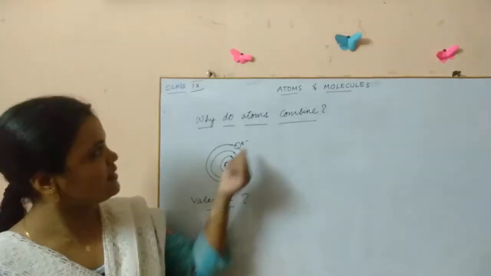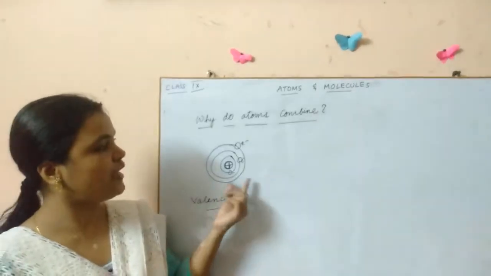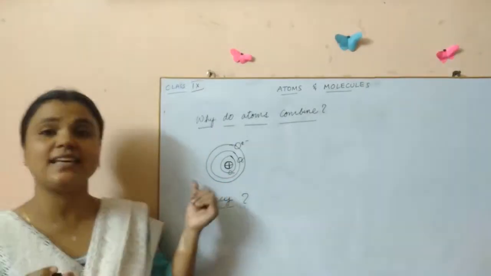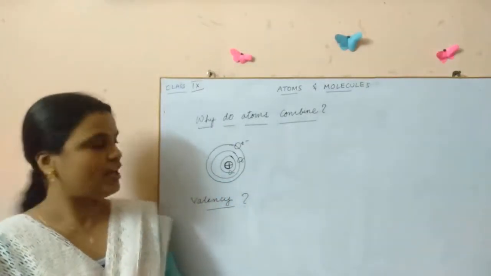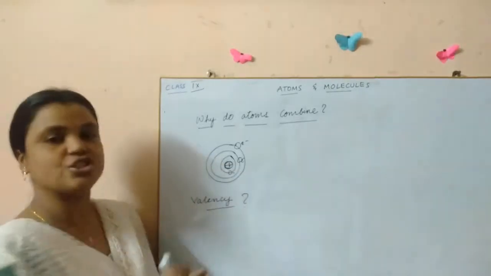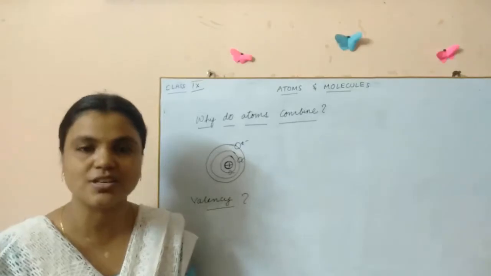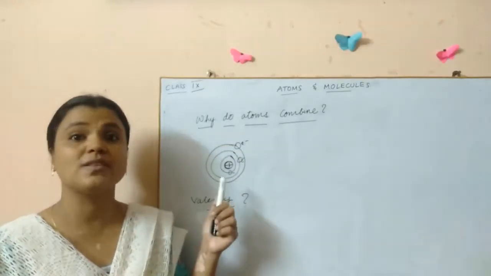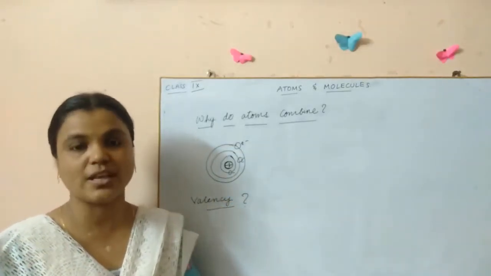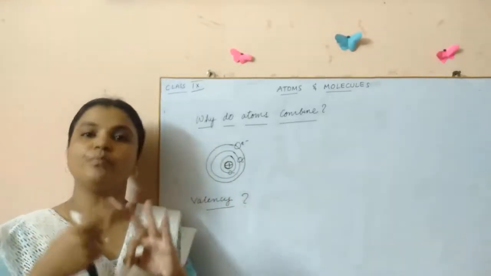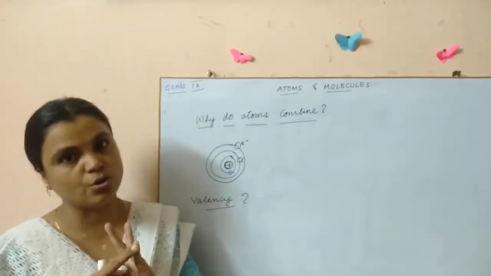You can see here a simple diagram representing the atomic structure of every atom. You have a positively charged nucleus. Why is the nucleus positively charged, children? Because it contains protons in it. You know that there are three main subatomic particles: protons, electrons and neutrons.